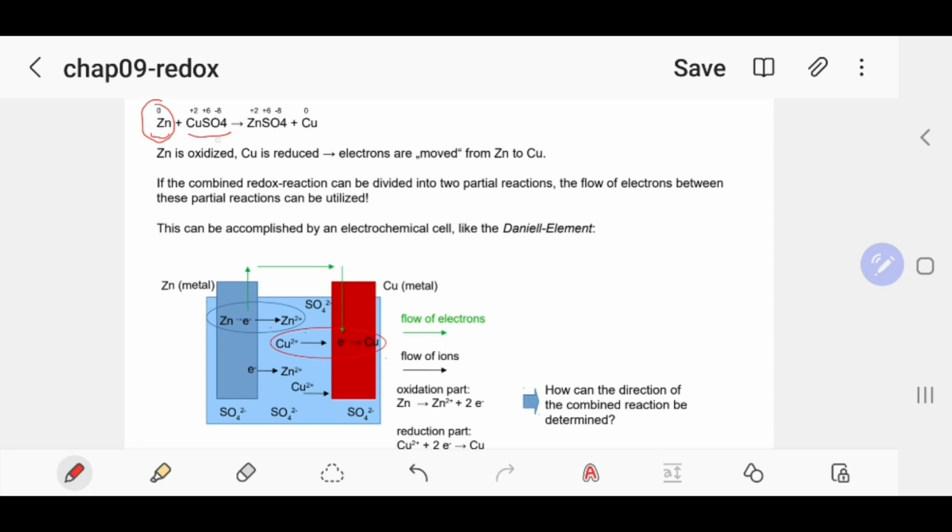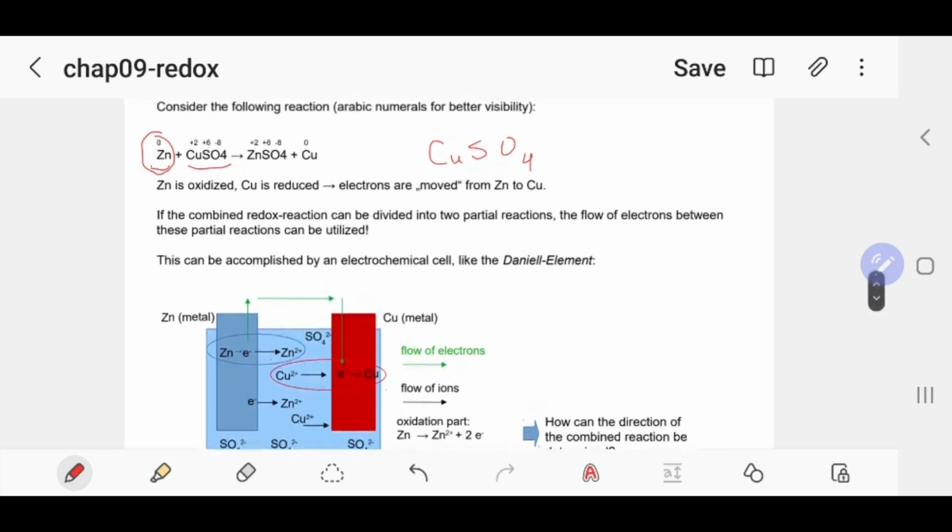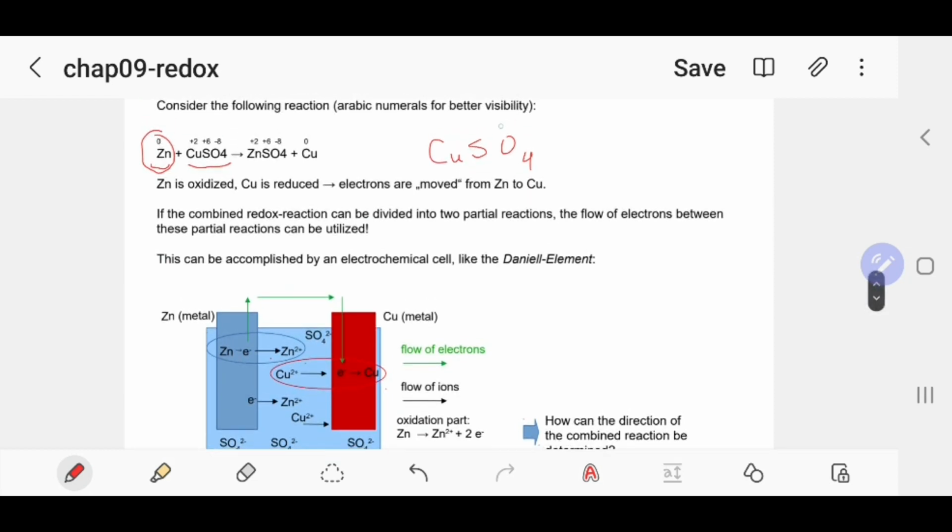And the copper sulfate, we have to figure out the charge of each element separately. So we have copper, sulfur, and oxygen in one compound. We know that the oxygen is 2-. This is among the rules that we just learned. So -2.